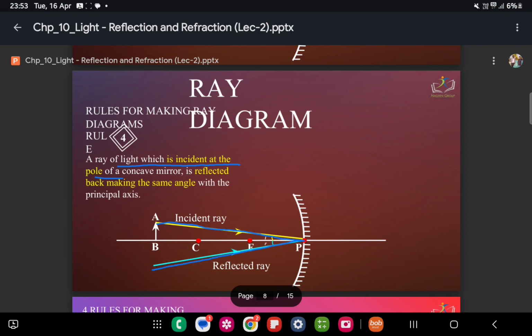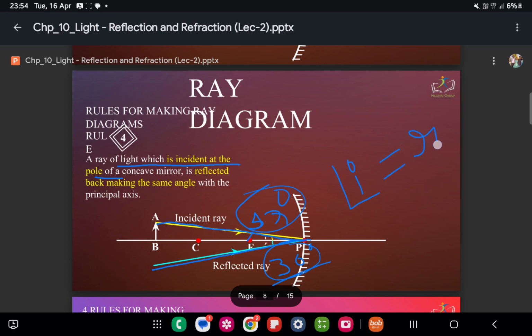Where the incident ray is 30 degrees, the reflected ray is also 30 degrees. You will get it like this. Here we see the first law of reflection, where the angle of the incident ray is equal to the angle of the reflected ray, which is i equals r.